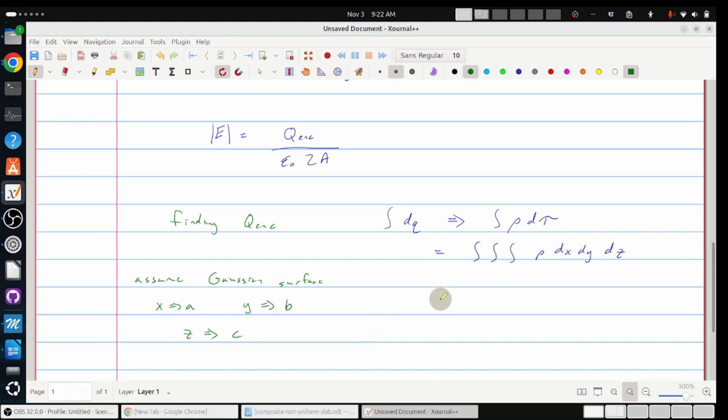I'm just going to show you really quick here that if it's centered on the origin, it's going to go from some like minus a over 2 to some plus a over 2, some minus b over 2 to some plus b over 2. And some minus c over 2 to some plus c over 2.